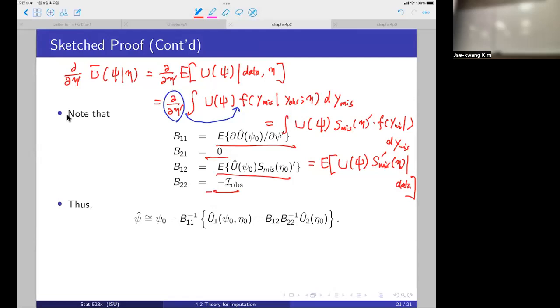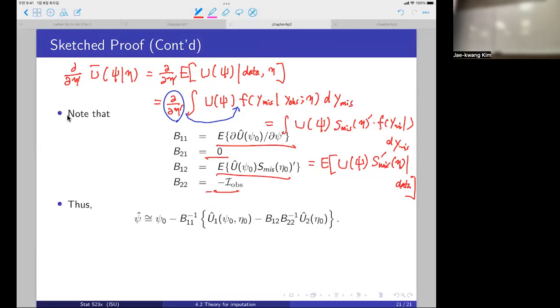So actually what you're saying is, if psi is a function of eta, then I think the theory here is not really applicable, right?